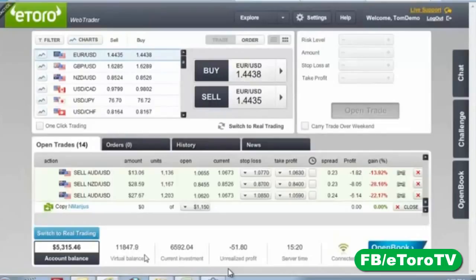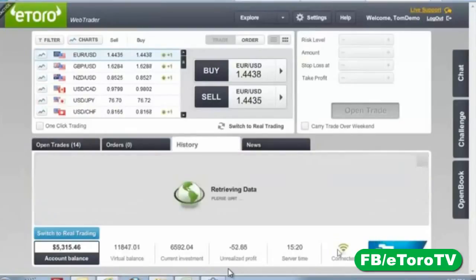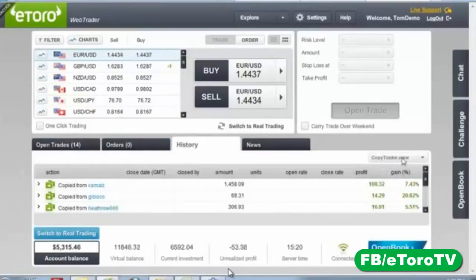And I opened the demo account very much like everybody else with $10,000. I made 18.5% in 7 weeks, and I did not open a single position myself. Want proof? Let's go to the history, and let's look at that.